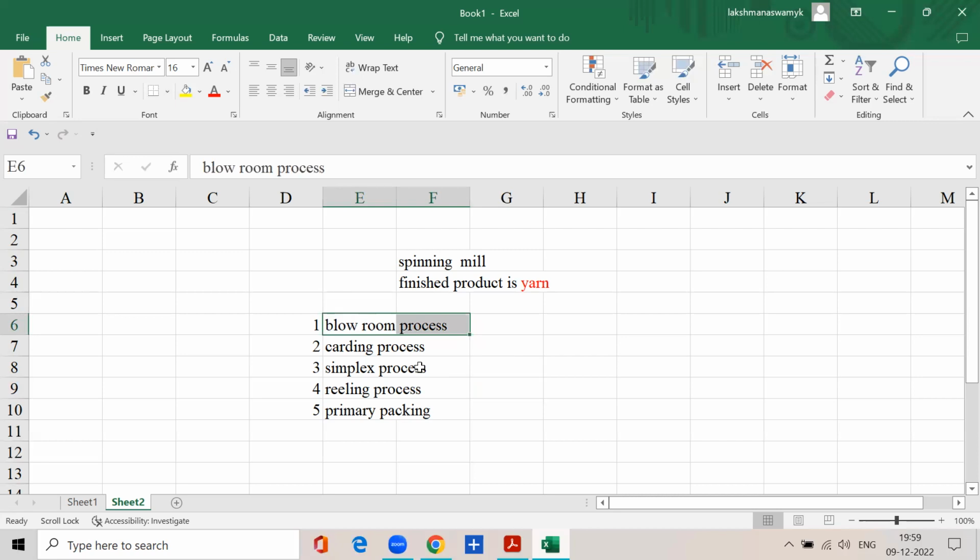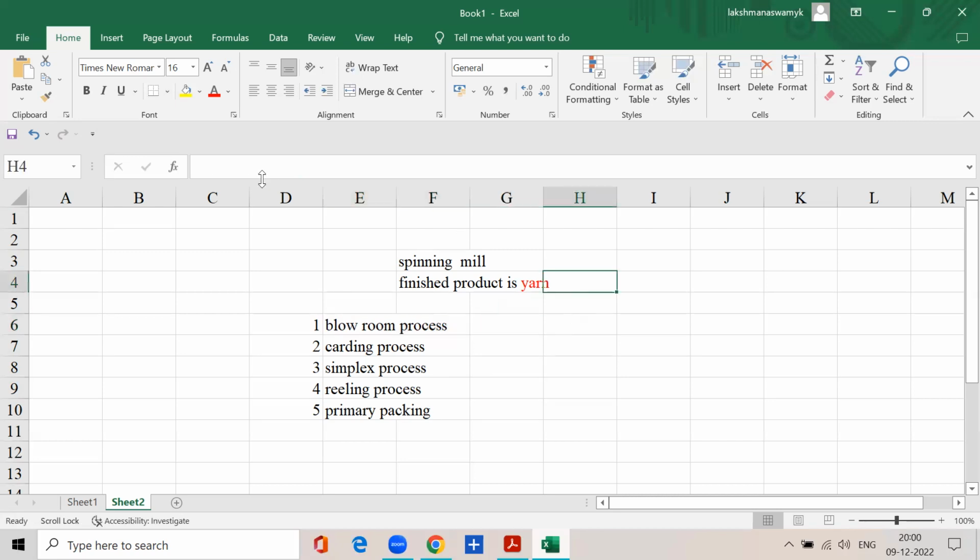See, if necessary, in the real-time implementation, as a CO consultant, you can ask your client to take you to their manufacturing premises. You can study their manufacturing process. Say, for example, blow room. In the blow room, what happens?